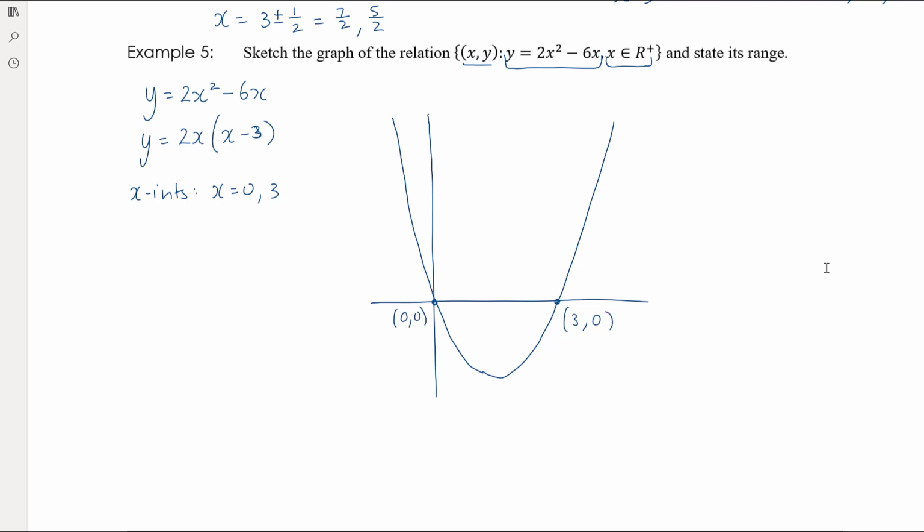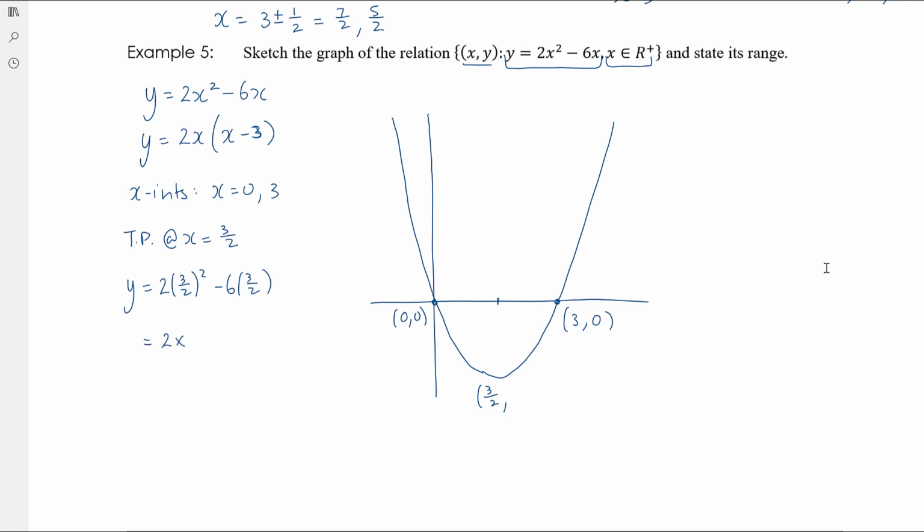So we're going to need to calculate the turning point. Now the turning point clearly happens halfway between the intercepts, so the x value of the turning point is 3 on 2. Okay, so the turning point is when x equals 3 on 2, which is halfway between 0 and 3. So we can find the y value of the turning point by subbing 3 on 2 into our equation.